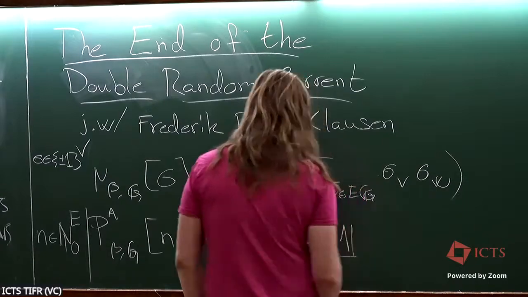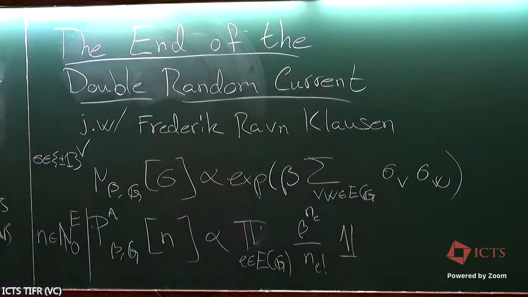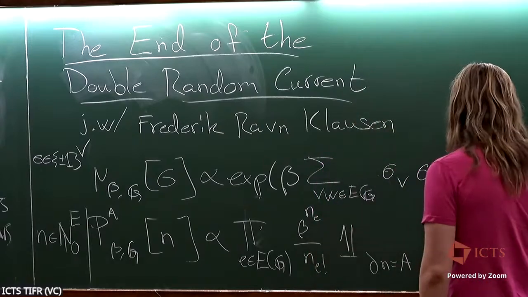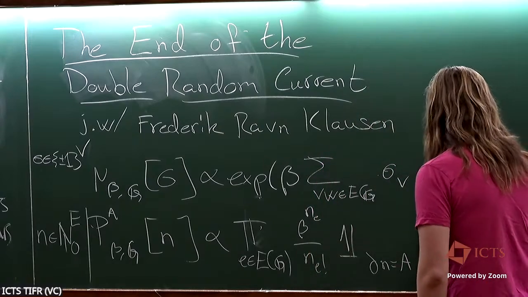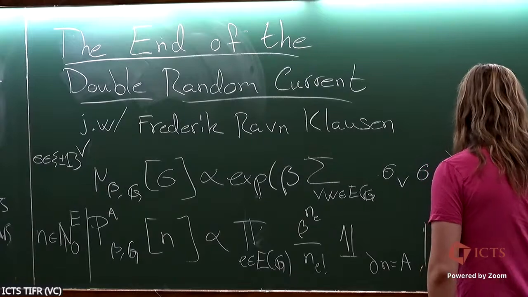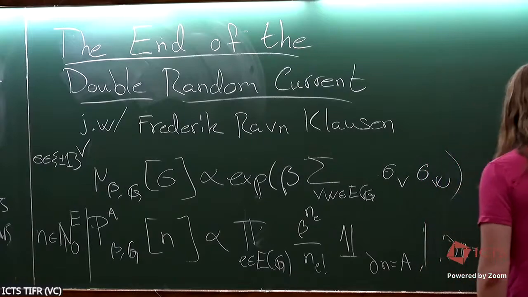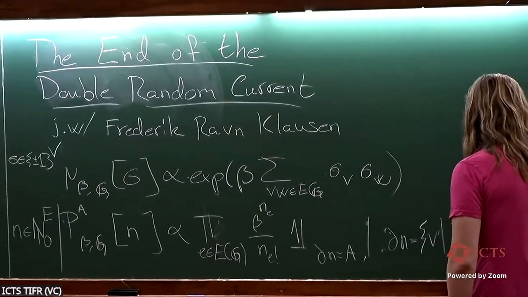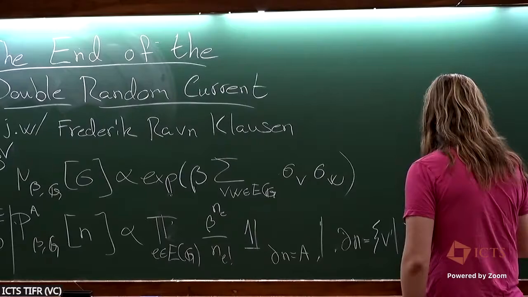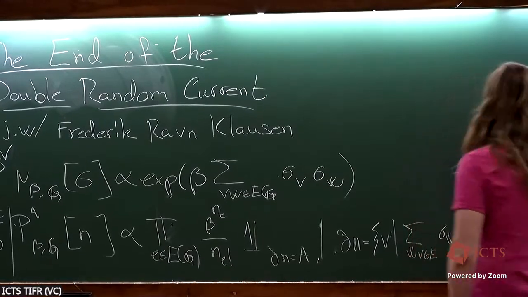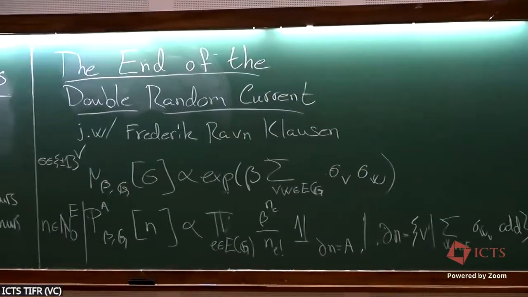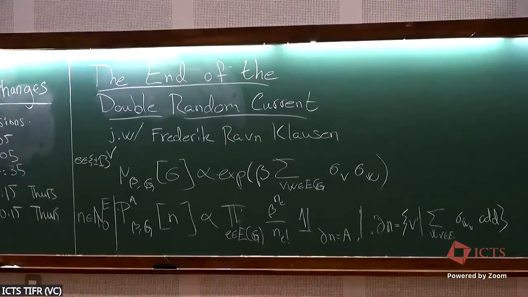Except you have this indicator that constrains how the multigraph may look. Namely, I want my sources to be exactly the set A, where the sources of A are exactly the vertices for which, as Franco told us, viewed as a multigraph, the degree of these vertices is odd.